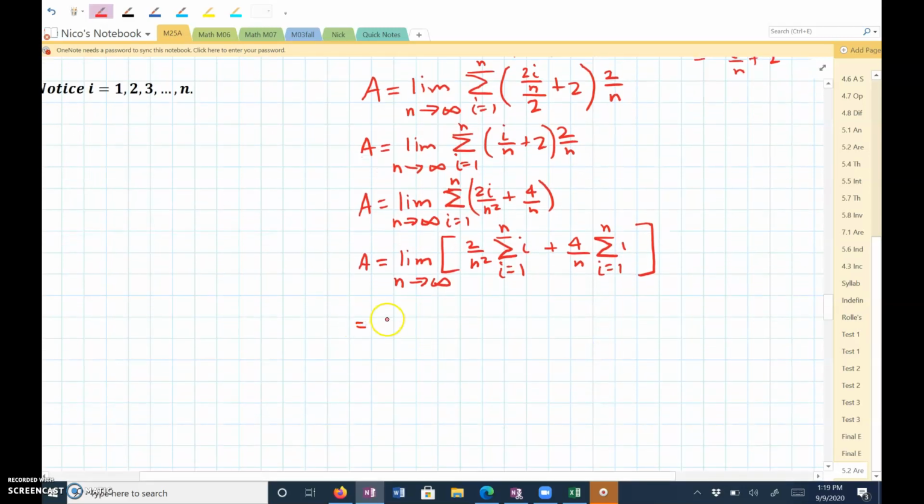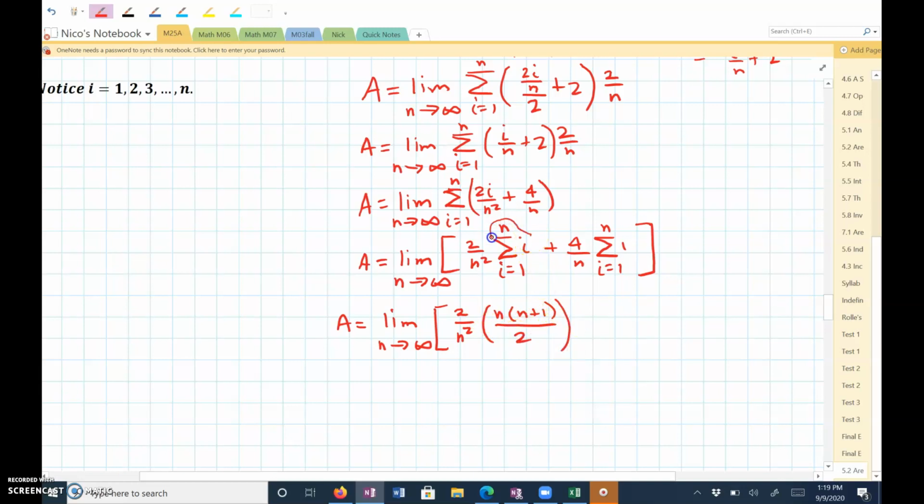Then the limit as n goes to infinity. This would be 2 over n squared times n times n plus 1 all over 2.